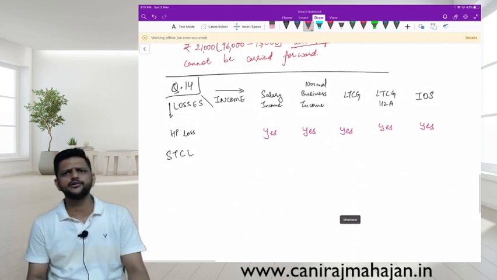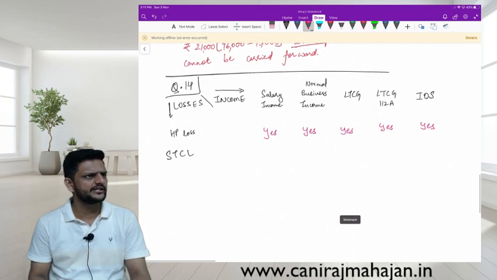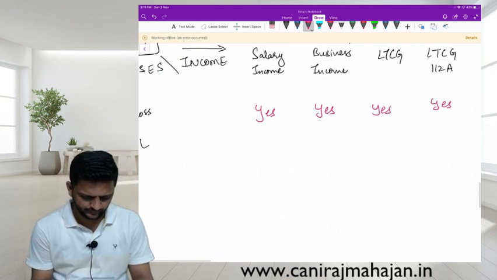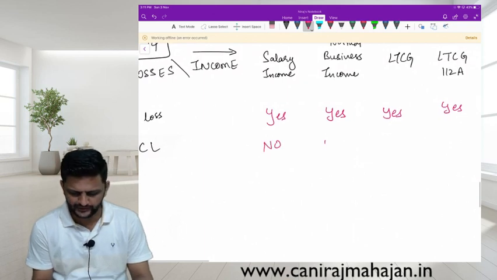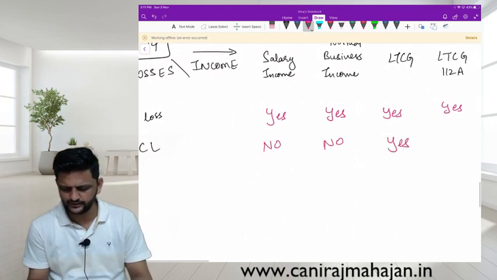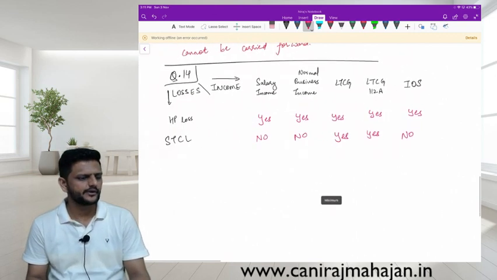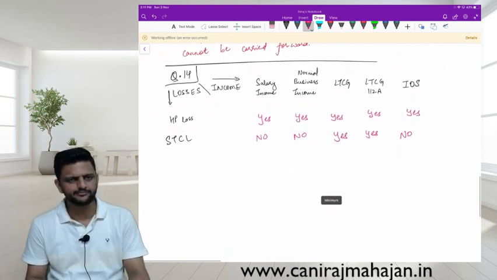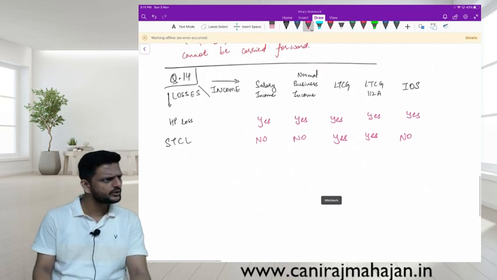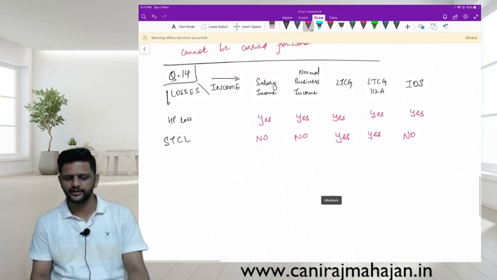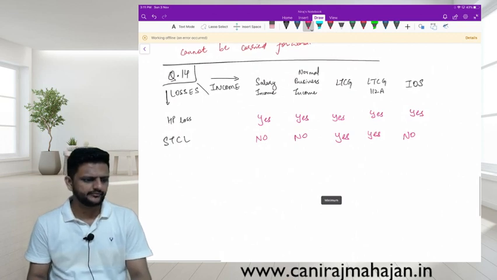STCL: all other heads of income, forget it. Only LTCG and LTCG of 112A. Understood or no? It cannot go to any other head of income. Remember or no? Everyone got the same numbers? The same thing will be for STCL of 111A also, so it will not make any difference. Done everyone?